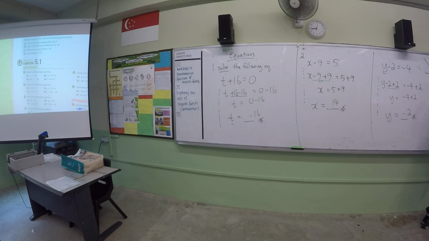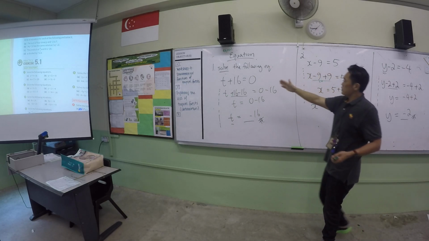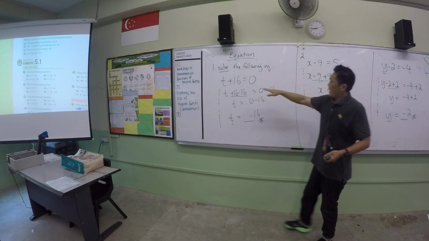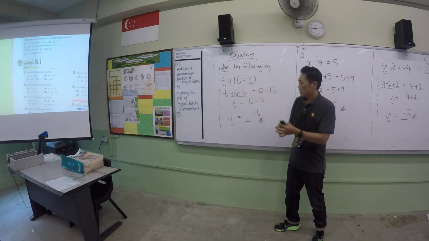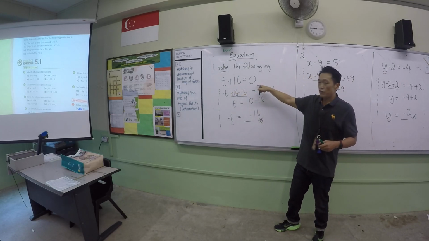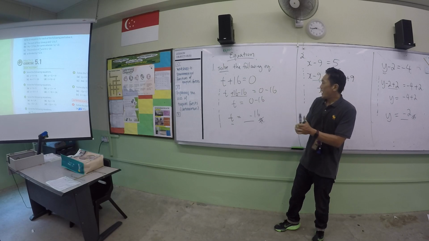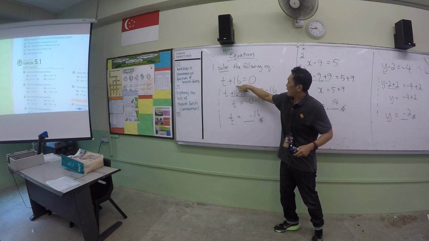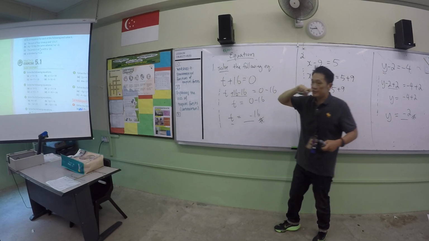Okay, now let us take a look at the difference between this and this. When I have t plus 16 equals 0, I can make the plus 16 go away by subtracting 16.